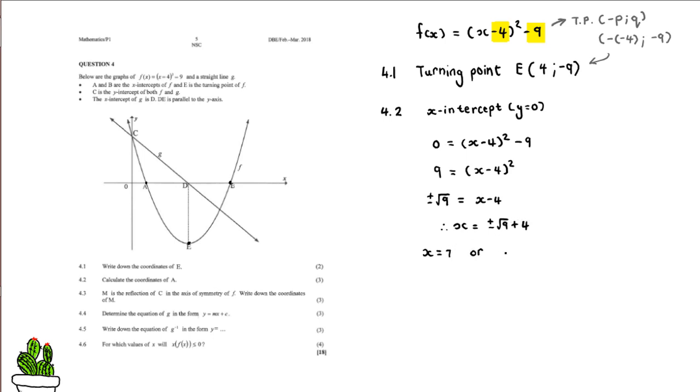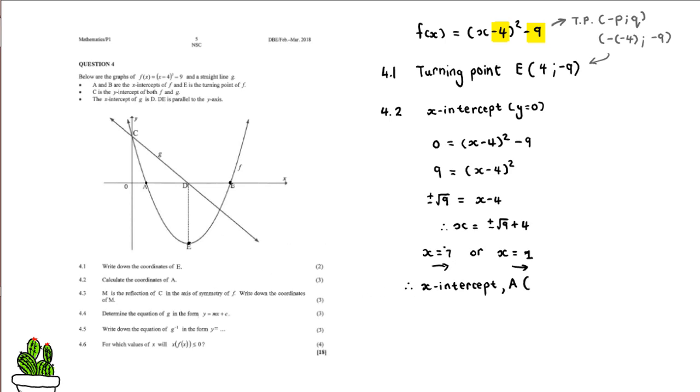Or x is going to be, if you consider the negative square root of 9, that will be negative 3, and then negative 3 plus 4 is plus 1. Right. Then now you need to actually answer the question and say that therefore x-intercept A is the coordinate.